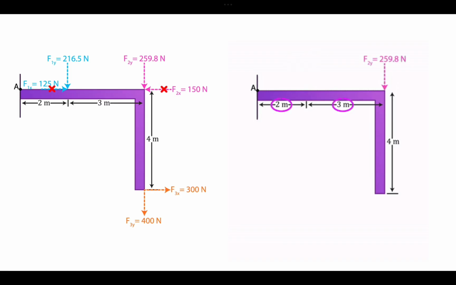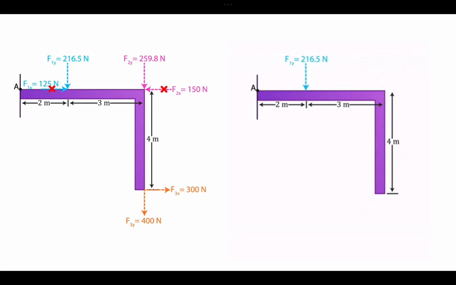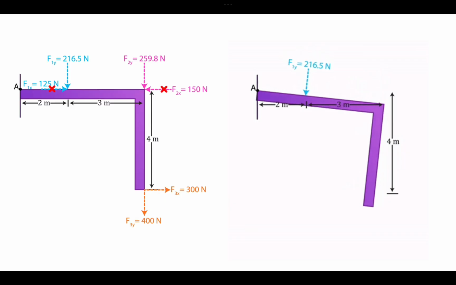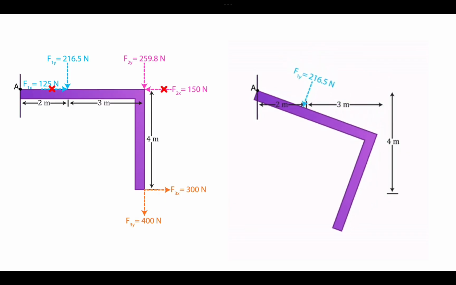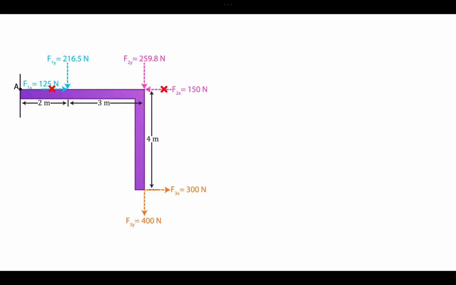For F2y, the distance is actually 3 plus 2, which is 5 meters, and it is again clockwise, so it will also create a positive moment. All right, now once we have these clear, we are left with F3x and F3y. Okay, so let's have a look at them.